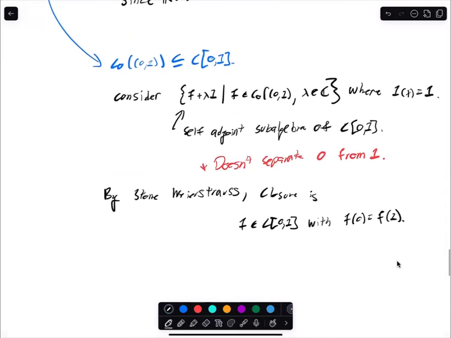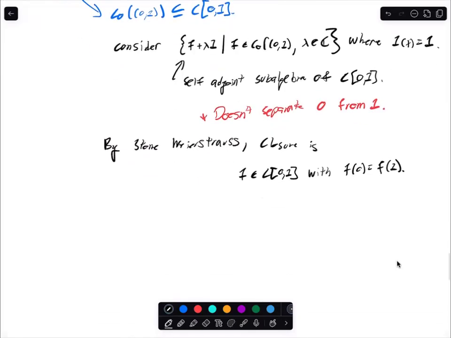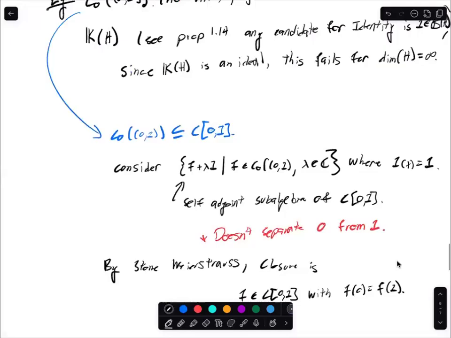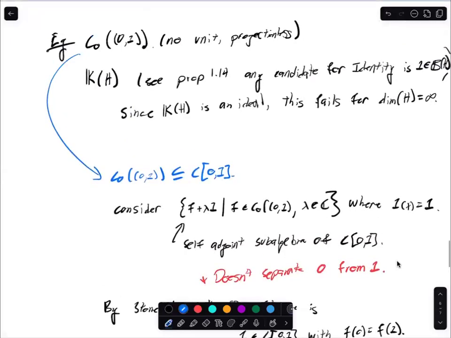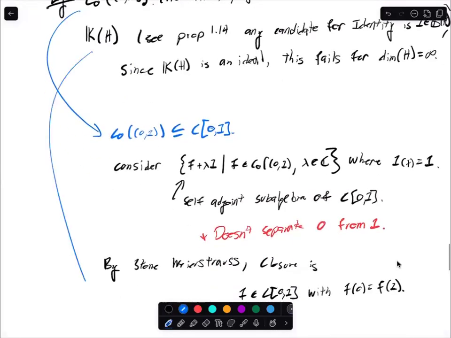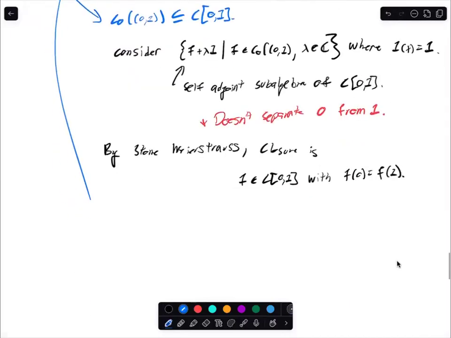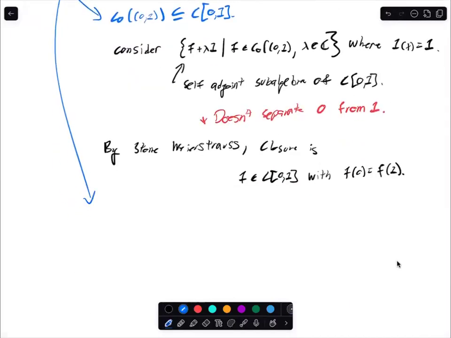Similar trick: in the non-commuting setting, we can still recognize that the compact operators reside inside of a larger C-star algebra, a subalgebra of the bounded operators. So we can try to access that unit.